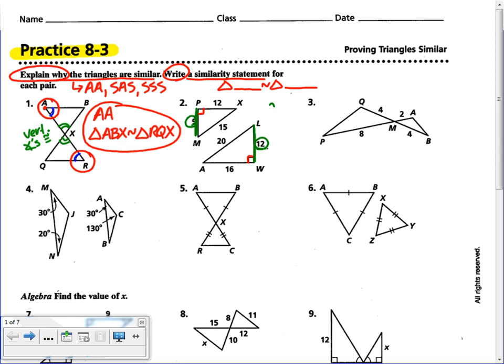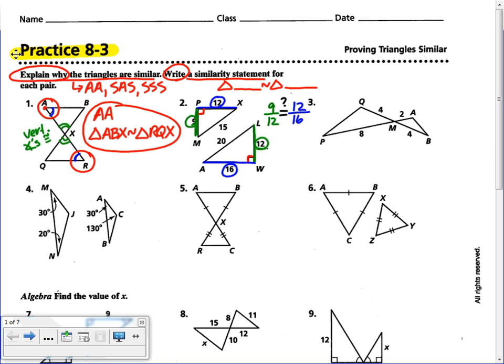So I'm looking at 9 over 12. Then I see the other side of the right angle is 12 and 16. So I'm going to look at 12 and 16, and I'm going to see if these 2 ratios actually equal the same thing. So you can either put both of the fractions into your calculator, 9 divided by 12, see what you get, 12 divided by 16, see what you get, and see if they equal.